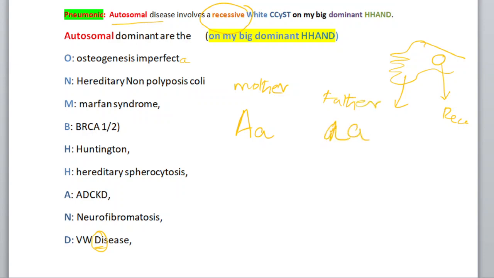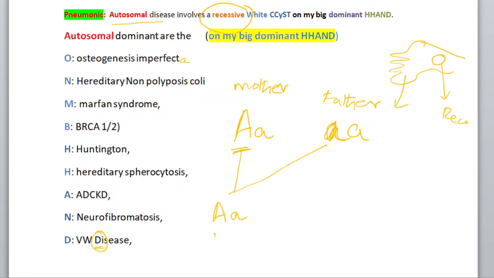The father has normal genes, aa, but the mother has one abnormal gene, A. Remember, it is always one. When the abnormal A combines with a normal a, it forms Aa.